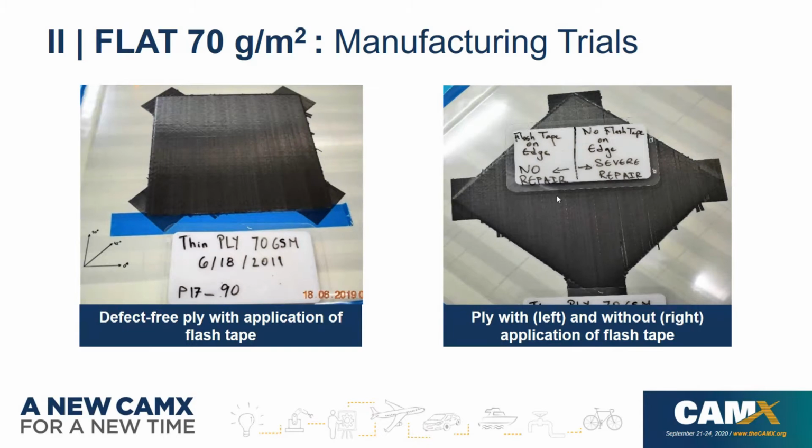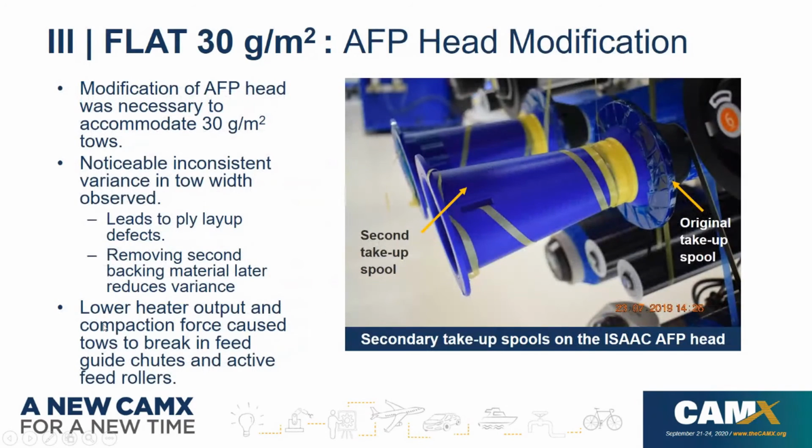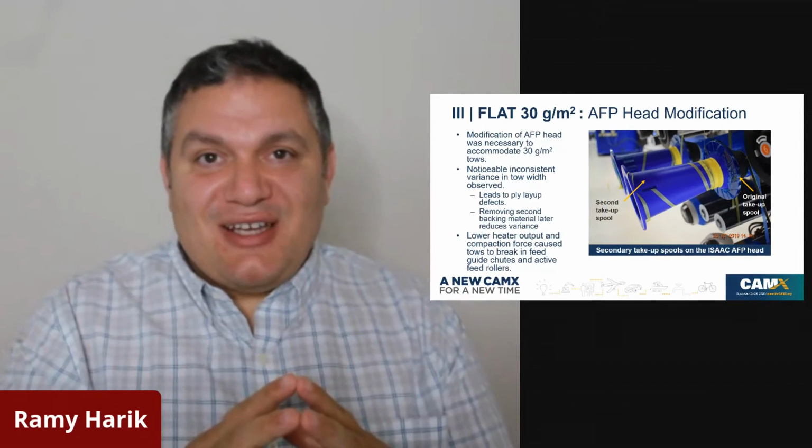Basically, where we had the flash tape, we did not have to perform any repairs, with the process conditions that we've reached and this minor addition, versus severe repair needed on the other side. So this is with respect to the flat 70 GSM.